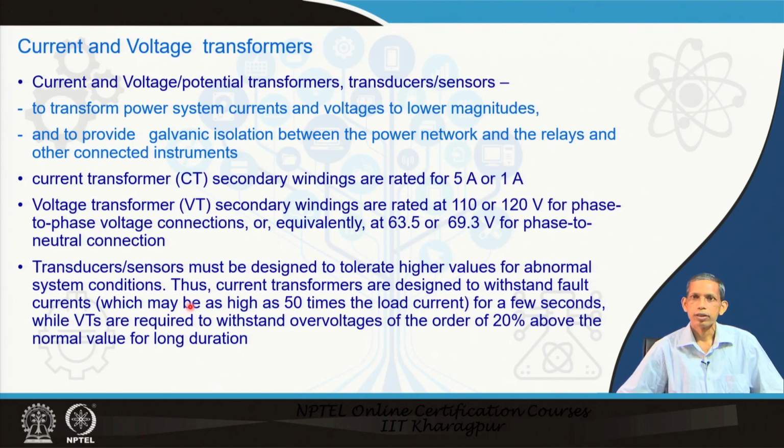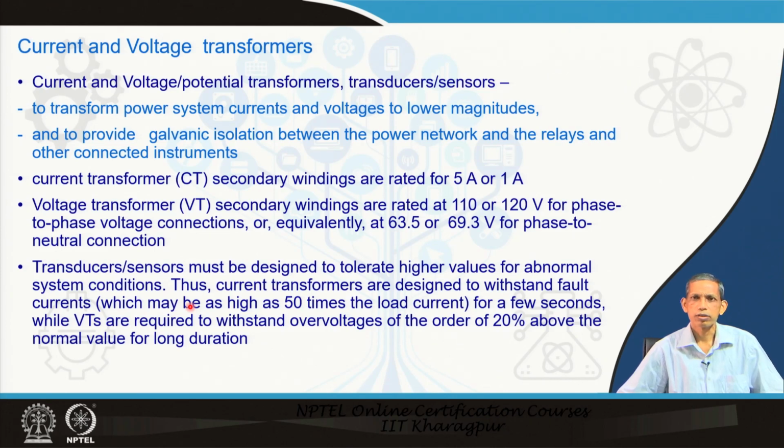On the other hand, system voltage may sometimes be higher under different dynamic conditions in the system, and therefore the voltage sensors, VTs, should typically be able to withstand 20% above the normal value for a very long period of time.